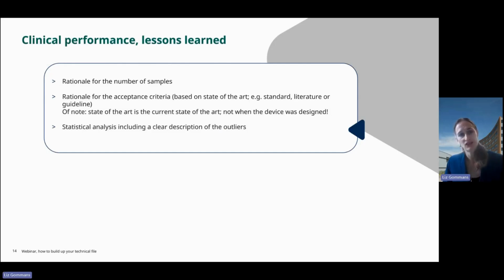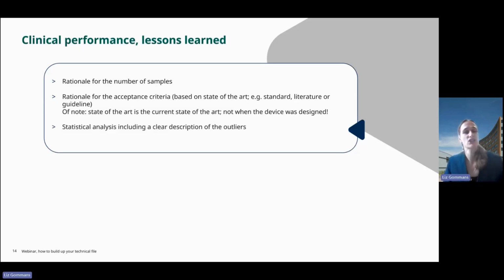Do not forget to provide a rationale for the number of samples you have used. Even though there may be a huge amount of samples, you still need a rationale why this is okay. A rationale for the acceptance criteria is also important. It should be based on state of the art, so literature, standards, guidelines, these kinds of things.